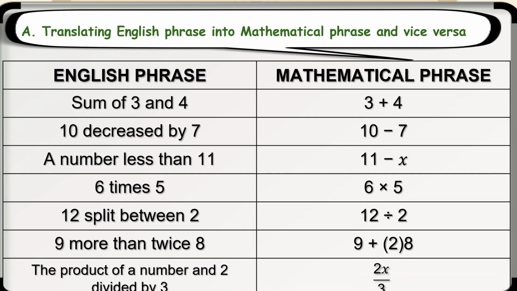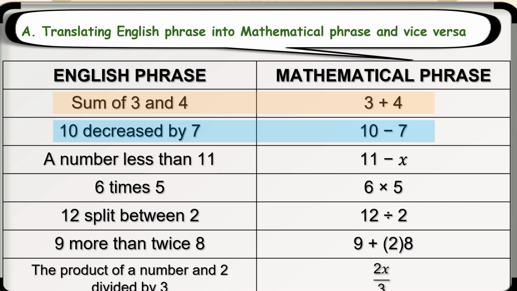Number 1. The English phrase is sum of 3 and 4. Our keyword is sum, which implies addition. Thus, its mathematical phrase would be 3 plus 4. Number 2. 10 decreased by 7.